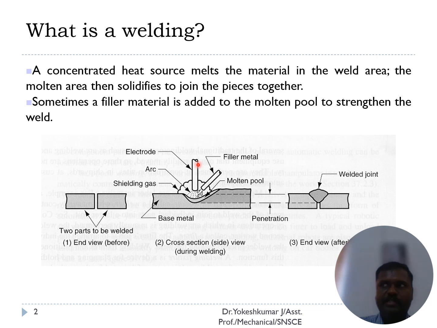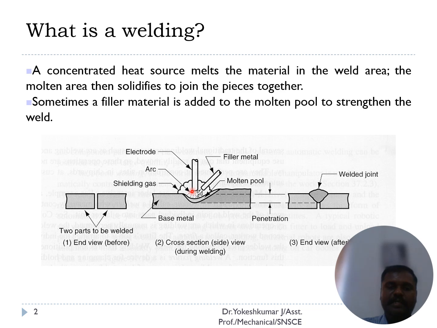The polarity may be positive or negative: if the electrode is negative, then the workpiece is positive, or if the workpiece is negative, then the electrode is positive. It is used to raise the temperature of the metal to its molten state. When it is heated to a molten state, the molten weld pool is formed at the bottom.